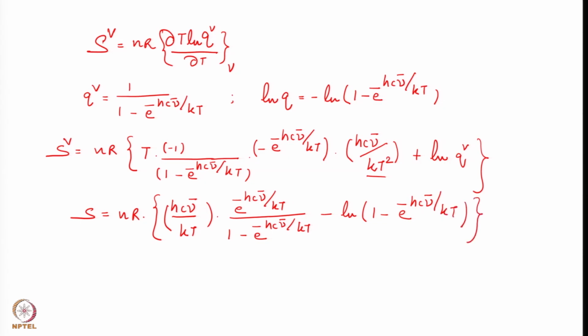Right, quite a complicated term. Substitute the value of hc nu bar by kT. All numbers are given to you, nu bar is given to you. When you calculate, this comes to 11.38.